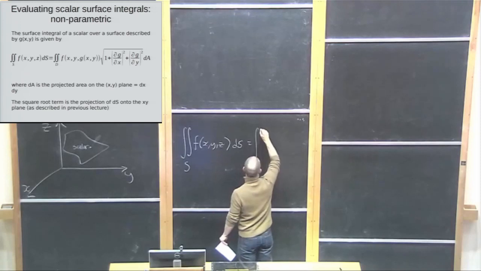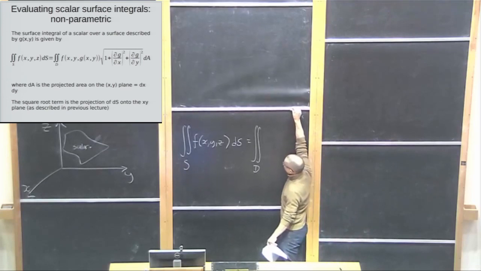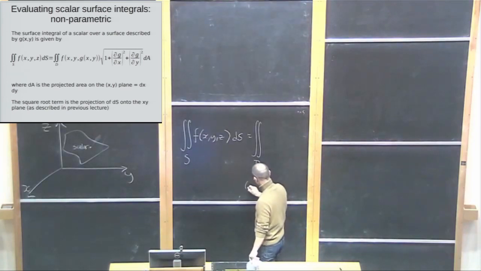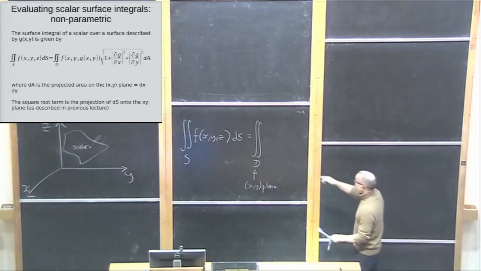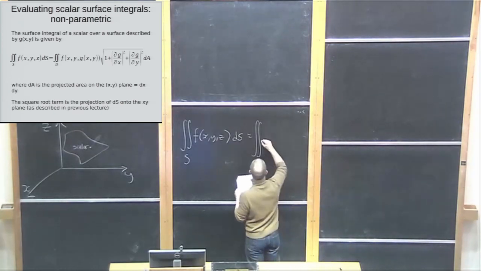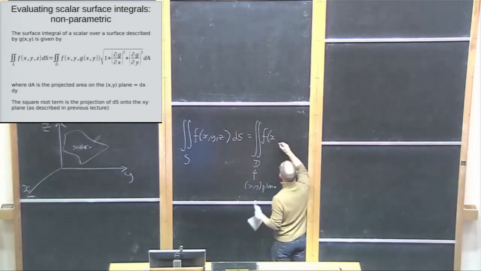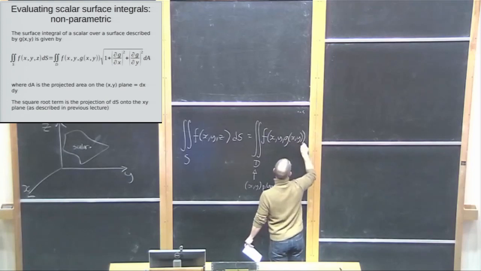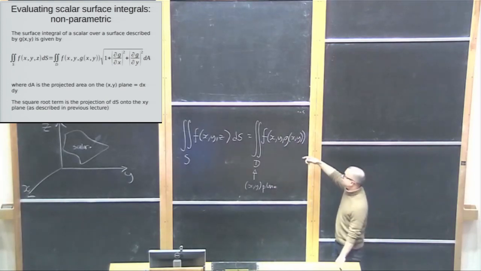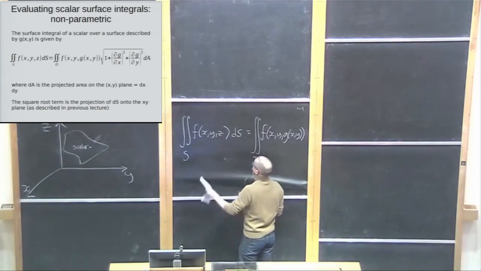What that becomes then is a surface integral projected onto some plane. Typically this would be the xy plane, but there's no reason why it should be. This could be any of the three possible planes. So you project your surface onto the plane. Your function, in the case that you're projecting down onto the xy plane, then becomes f of x, y and some g of x and y, which is the function describing the height of your surface as a function of x and y.